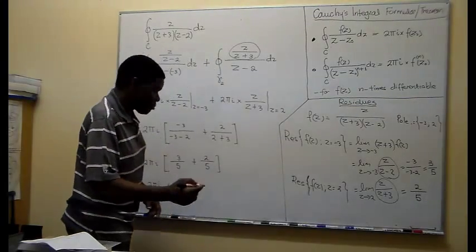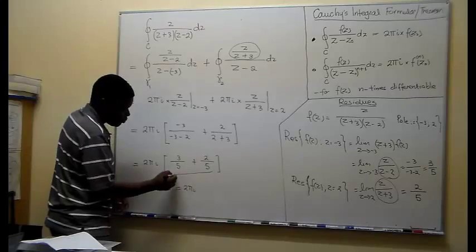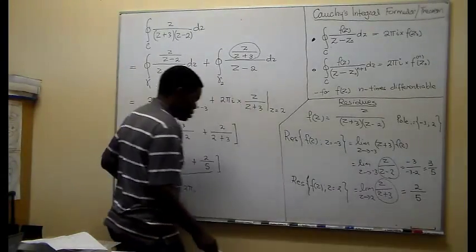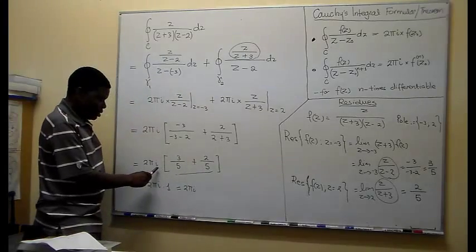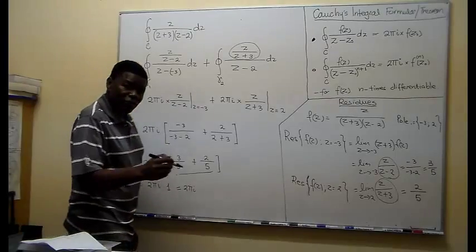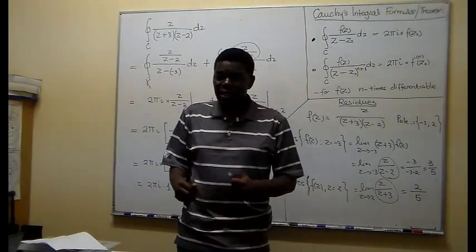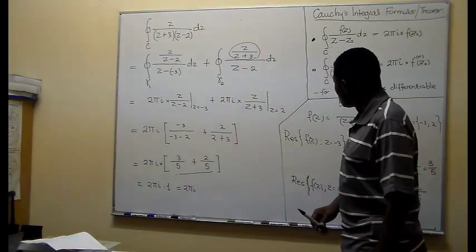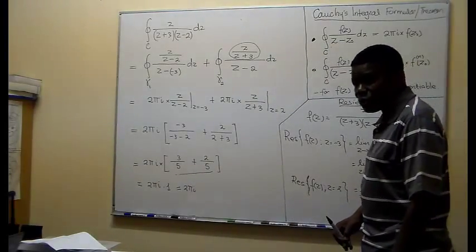I said the sum. That is the sum of the residues multiplied by 2 pi I. So I would like you to refer to your textbook and see the real statement of this theorem, which we are going to call the residue theorem.